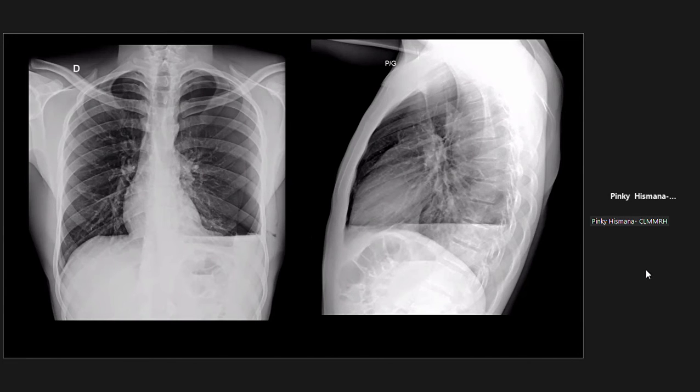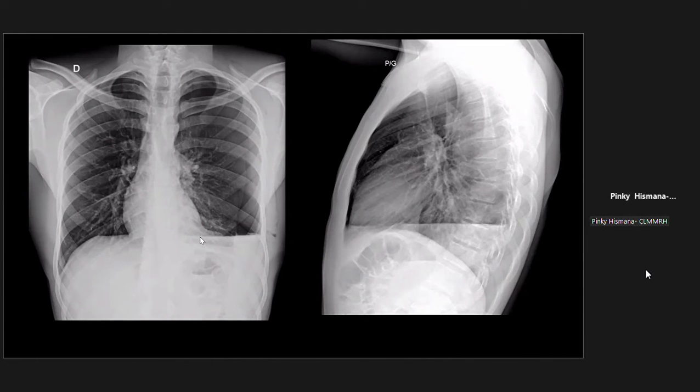Come again? It looks like there is tissue growing in the left lung or fluid. Okay. There's fluid at the left hemithorax, particularly what portion, the lower portion or upper portion? The lower portion, Doc. Okay.